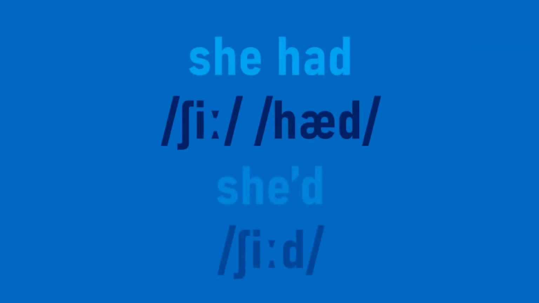So thinking about the form of she'd, which comes from she had then. So we've got the 2 syllables at the top, she, and had with the h-a. But if we want to form this contraction, we need to lose the h and the a. So we're left again with she'd.